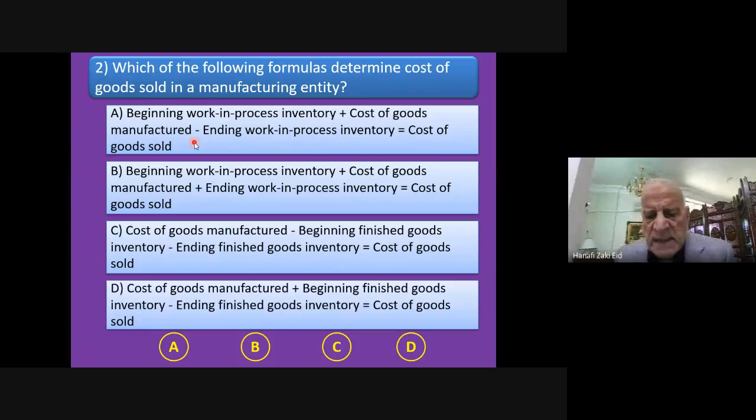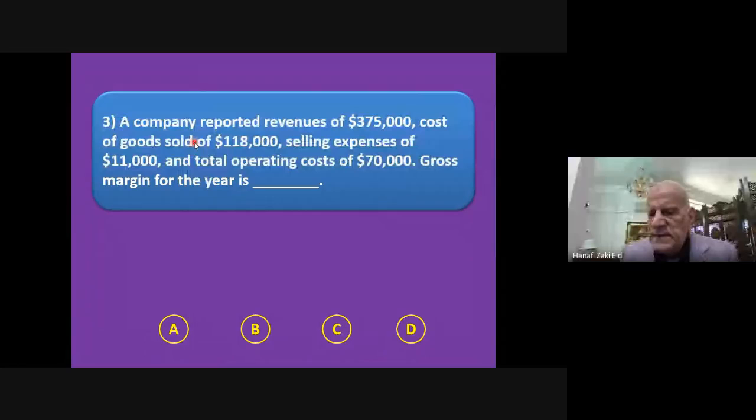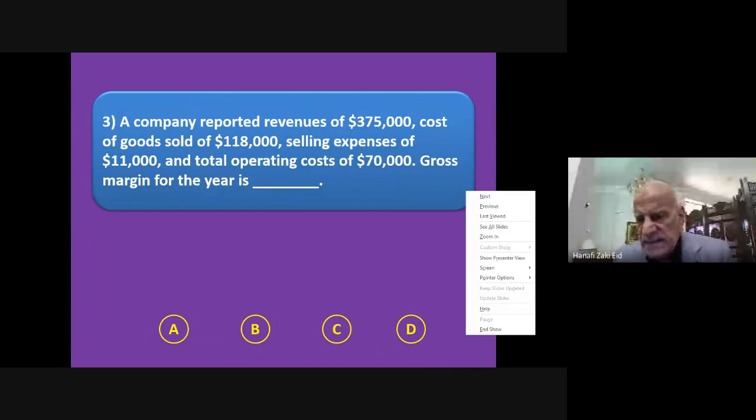Cost of goods manufactured plus beginning finished goods, till now it's correct. Minus ending finished goods, yes, this is correct. And so on. I hope that you complete by yourself solving the rest of the exercises.